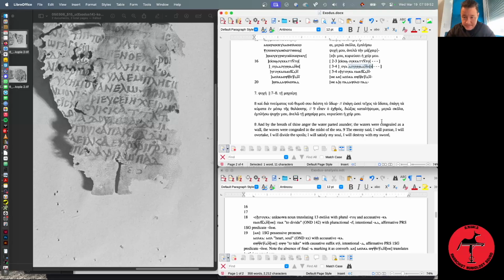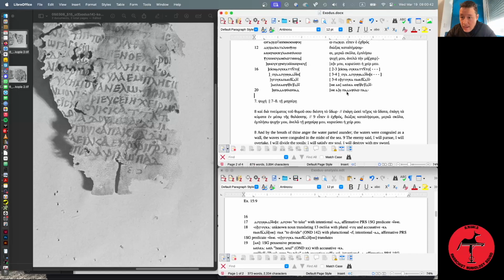And then we have 17, because like I will overtake, that's obviously doom, to take. With tip. Okay.